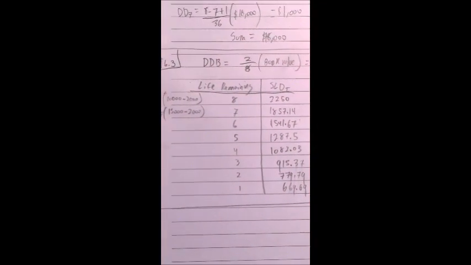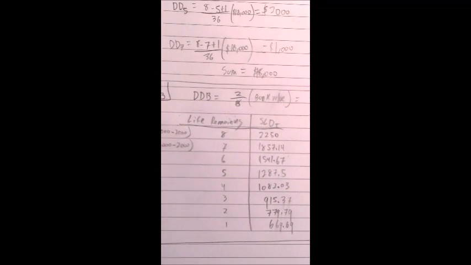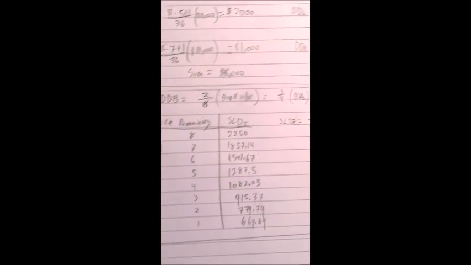And then finally, for 16.3, it's asking you to, again, calculate depreciation, but by doing declining balance, or double declining balance depreciation. So let me move this book out of the way. So the double declining balance depreciation, the equation is still 2 over n times p minus s, which is your book value.